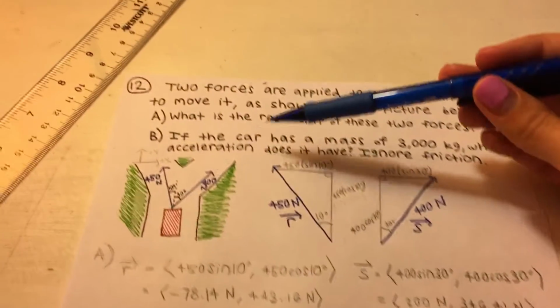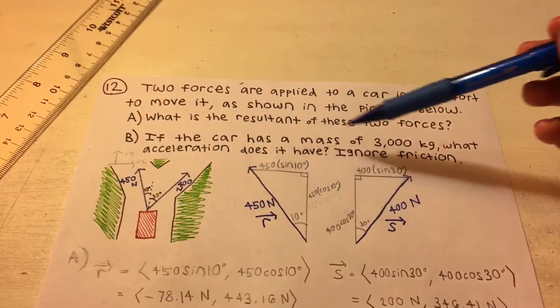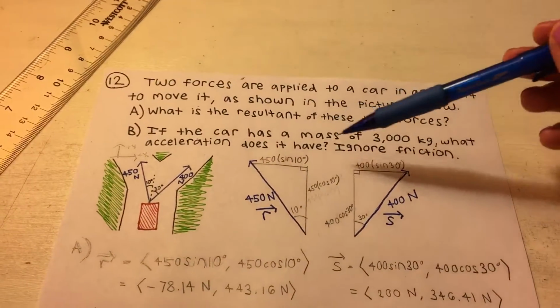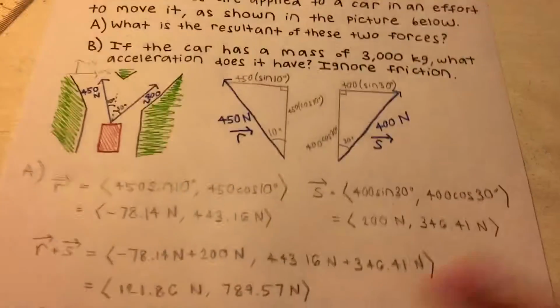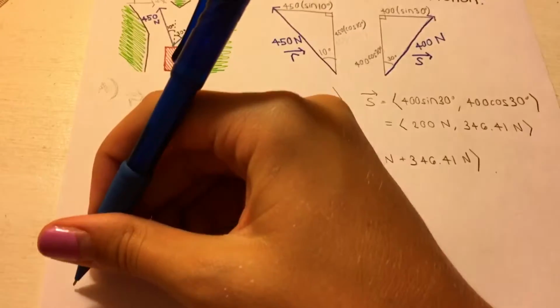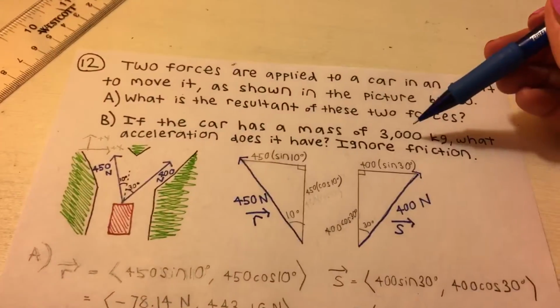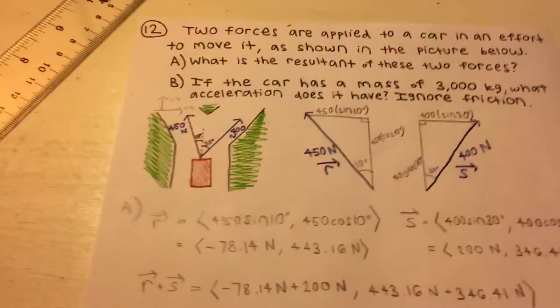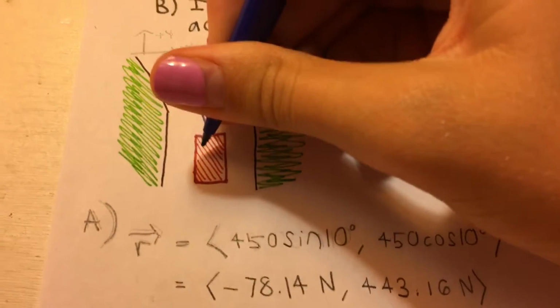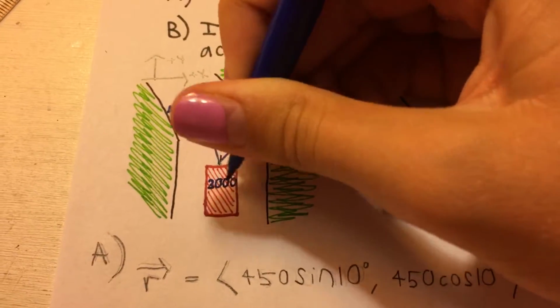So now, moving on to part B, if the car has a mass of 3,000 kilograms, what acceleration does it have? Ignore friction. So, to solve this, we have to, so it says that we have 3,000 kilograms. So our car here weighs 3,000 kilograms.